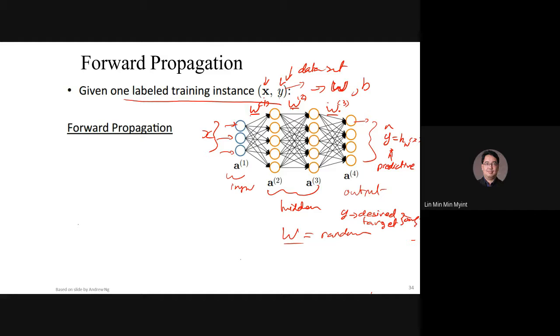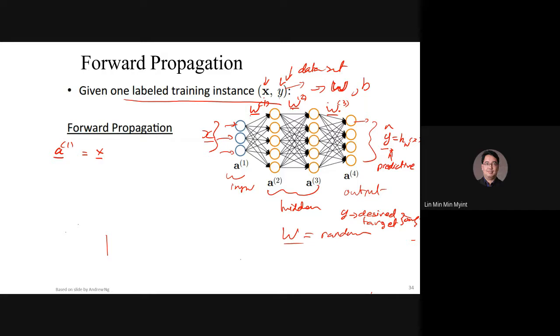First we have to calculate this Y hat, and for that we can calculate one by one. First, we calculate the A1 vector.